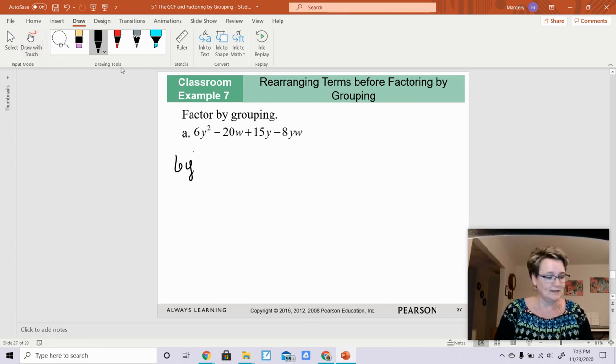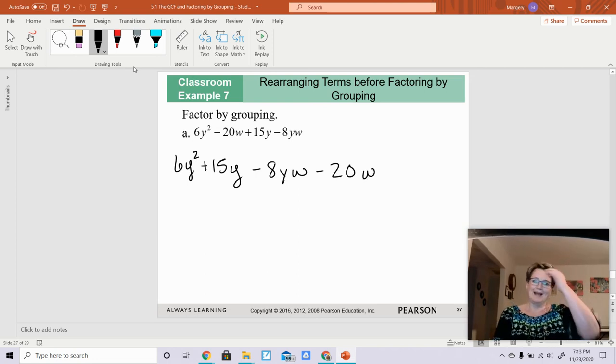So 6y squared plus 15y minus 20w. Actually, I'm going to put the w at the end. Sometimes you have to rearrange them, not all the time, but sometimes you do. And that's going to be a minus 20w.